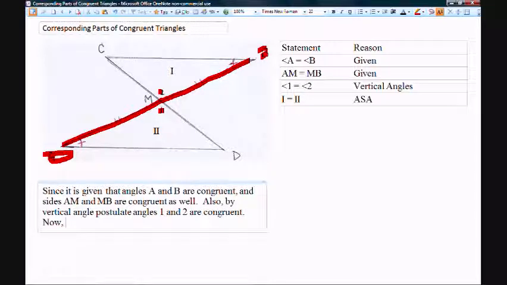Now, by the angle side angle postulate, triangles 1 and 2 are congruent.